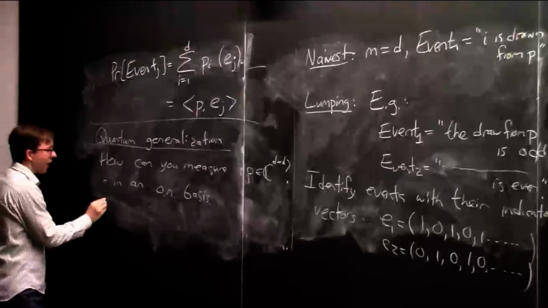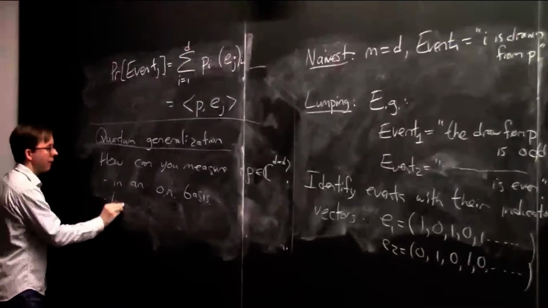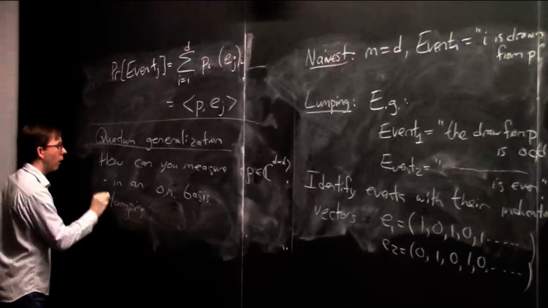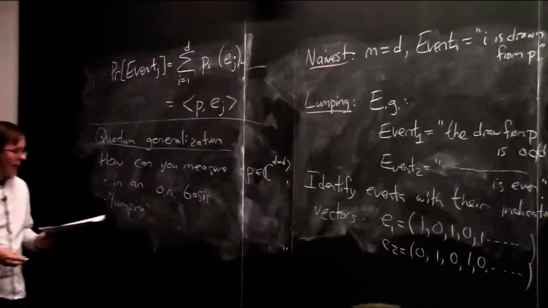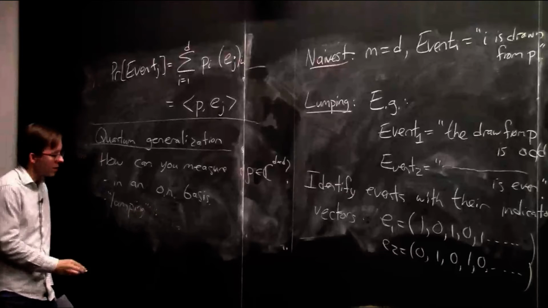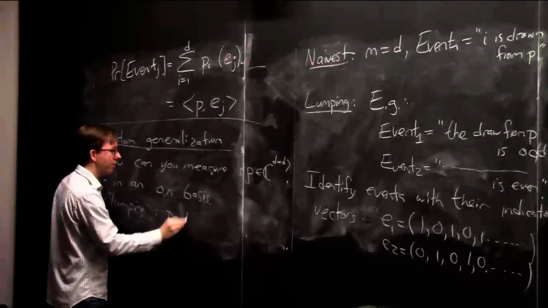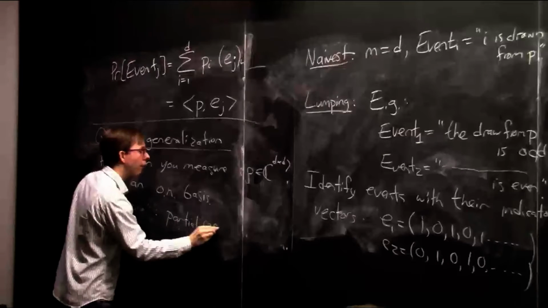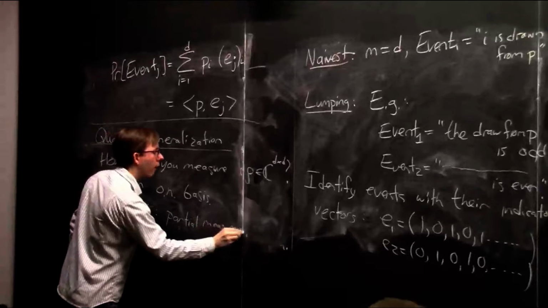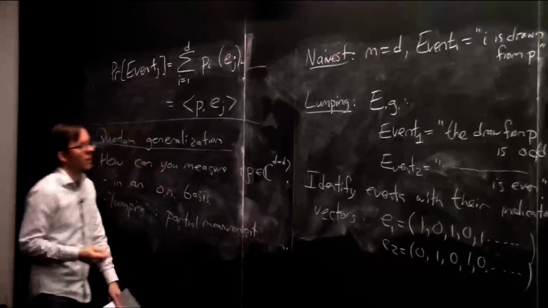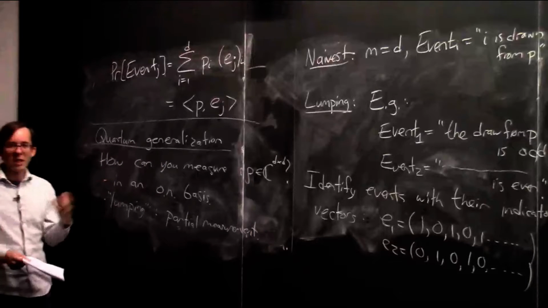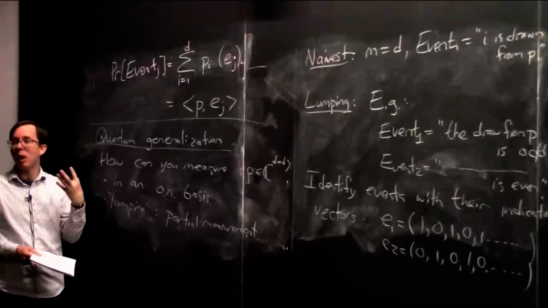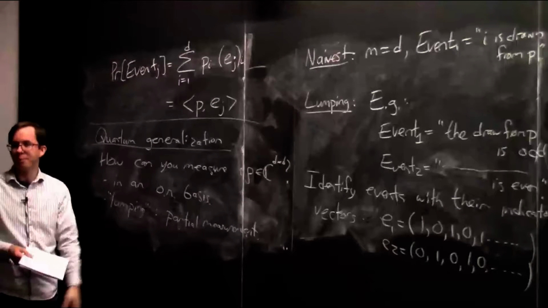There's also a way that's kind of analogous to the lumping, where you'll have fewer than d outcomes. And let me just explain this in words. This is kind of like a partial measurement. It's a bit of a vague analogy, but let's say it's a d-dimensional state because d is 2 to the power of q and you have q qubits.